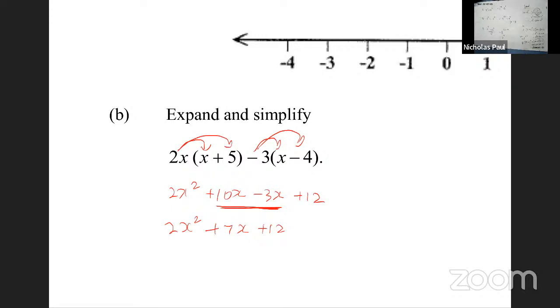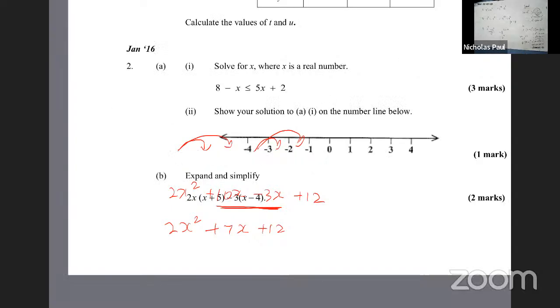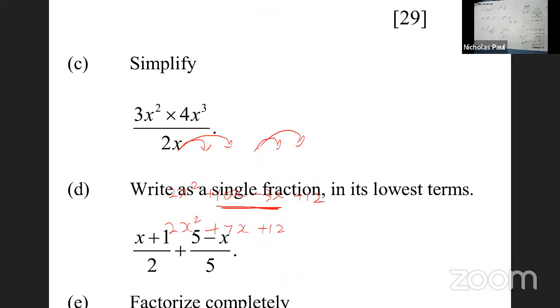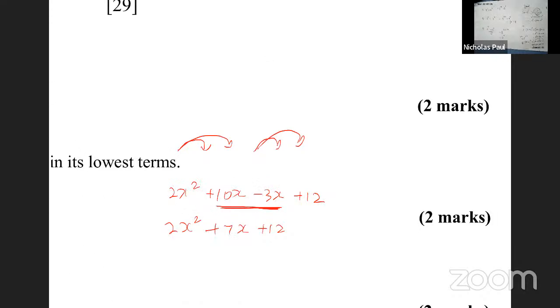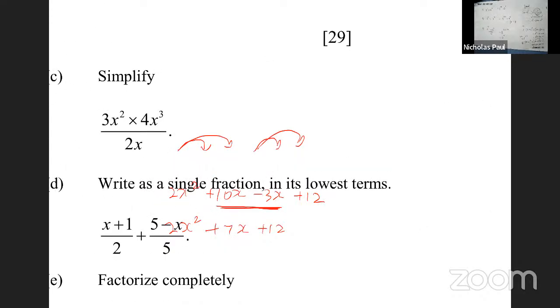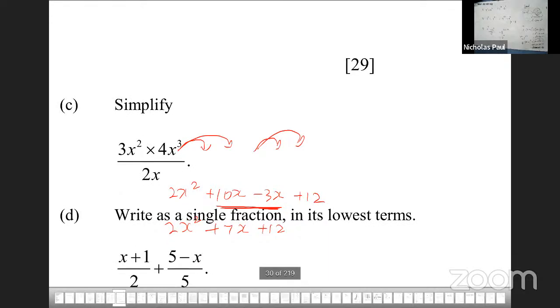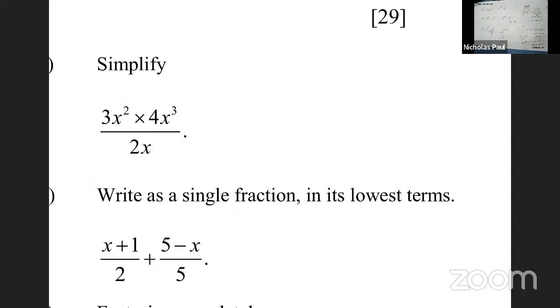All right, next one. That's part B, right? Part C. You have two parts there. That's 2 and 2, 4 marks, if you get it right. Wait, hold on, I'm going to take that out. 4 marks.